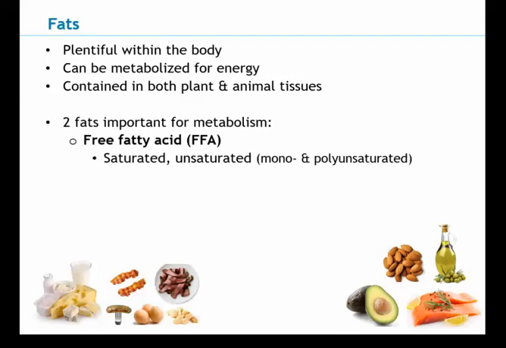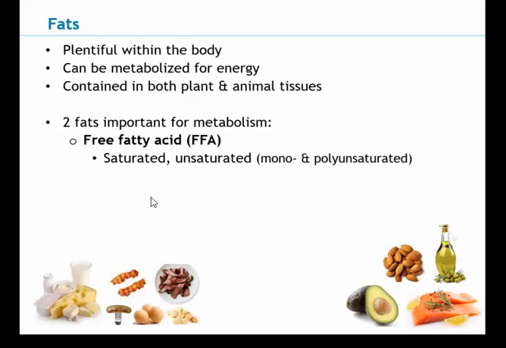Okay, so we have different types of fats. A free fatty acid will be referred to in this lecture as FFA sometimes. So FFA, free fatty acids, different types. So we have saturated fats, which are solid at room temperature, which is going to be a lot of your animal fats, the visible fat that we can see.